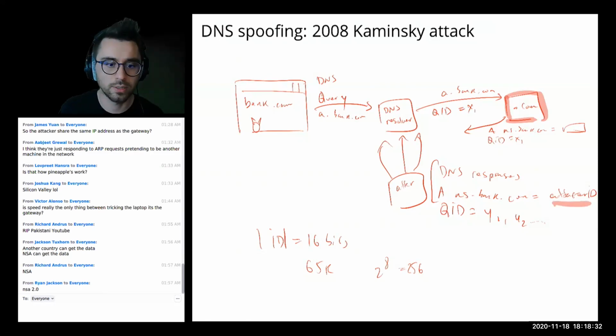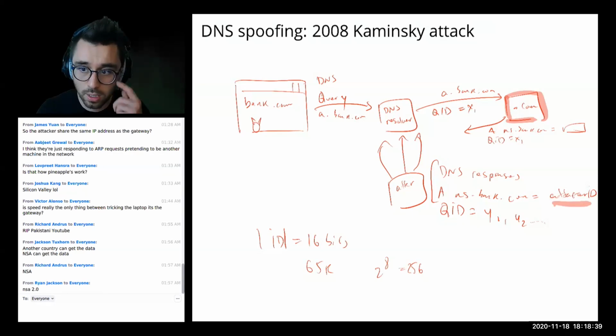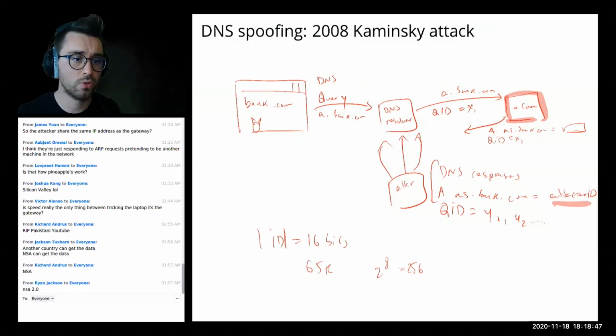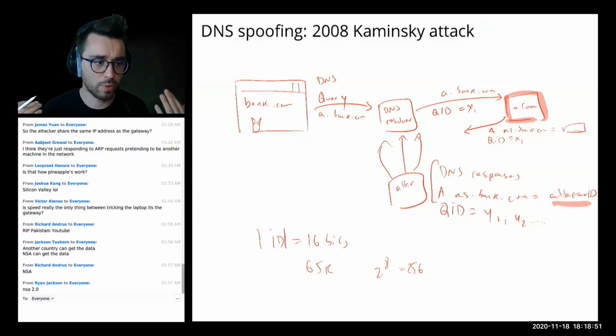So what do we do in response to this? Well, instead of just randomizing the ID, what's the other thing that we can randomize? The port, right? So what we're going to do is randomize the source port, because right now the port was always at a predictable location, namely 53.